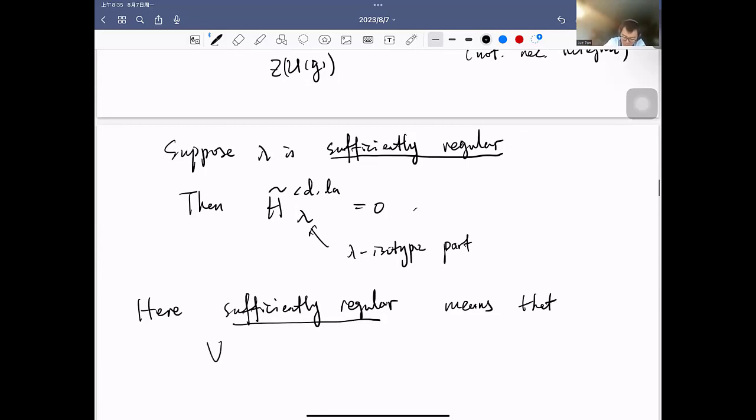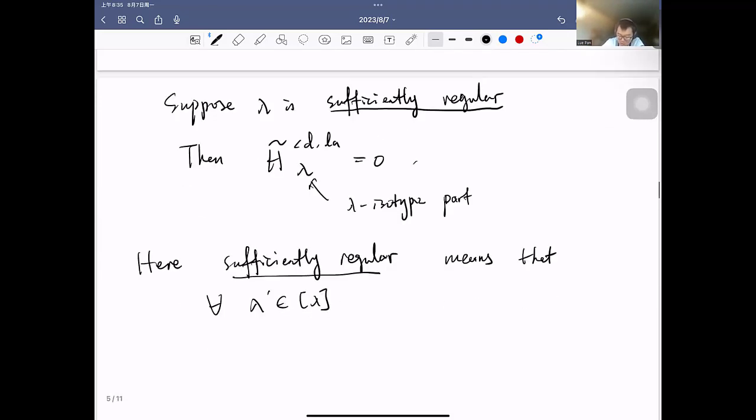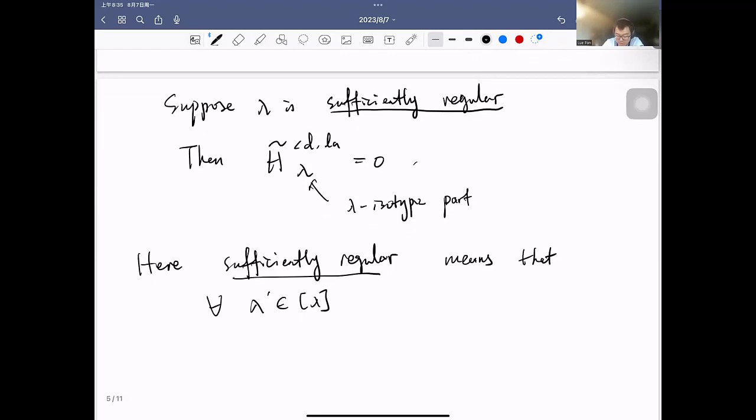So any lambda prime in the orbits of lambda, so this is a Weyl group orbit of lambda in the weight space.